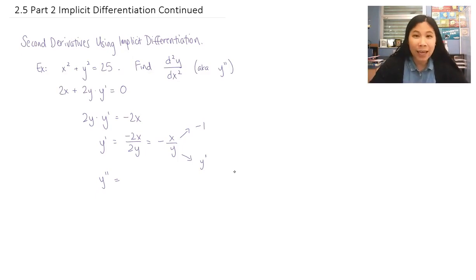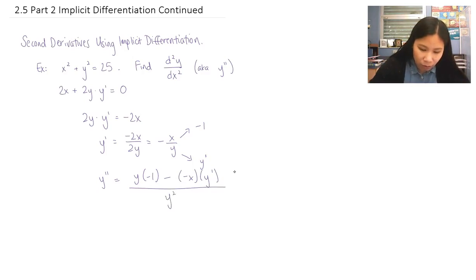Then using our quotient rule, low d high minus high d low all over low low, gives me y times negative 1 minus negative x times y prime all over y squared.